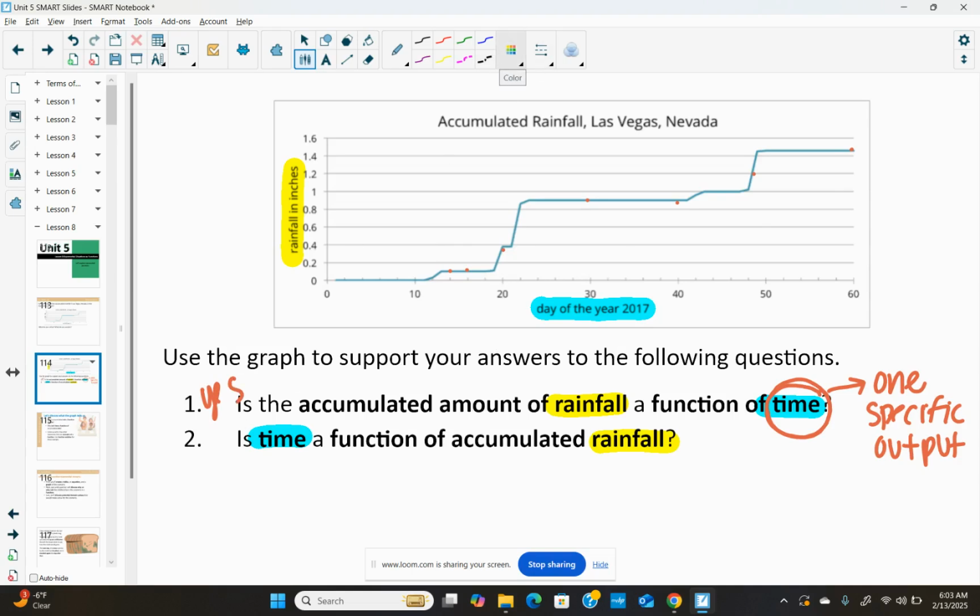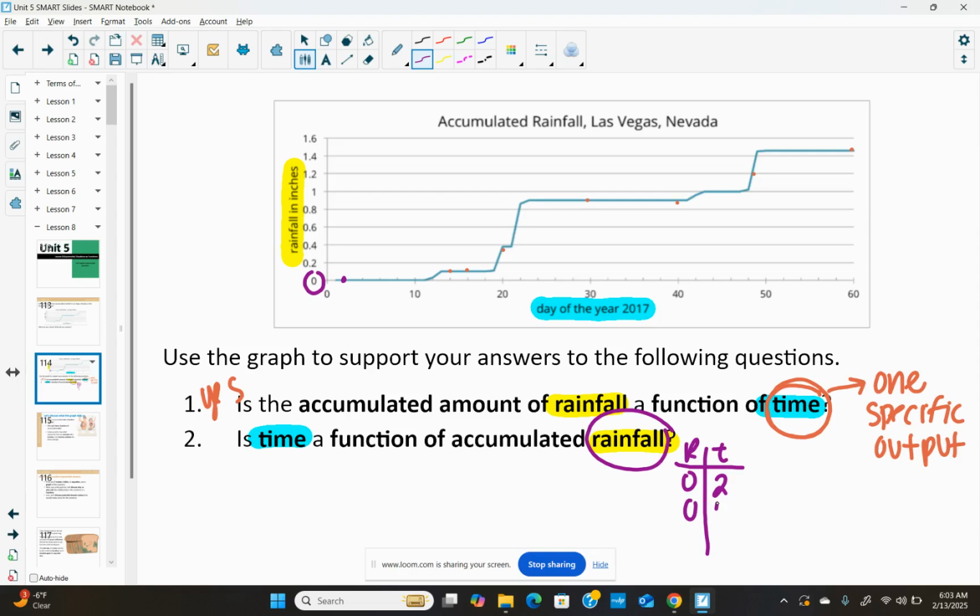So for the rainfall, there's one specific rainfall amount at each day. Then when we switch this around, is time a function of accumulated rainfall? Now rainfall is our input. Does each rainfall amount happen at only one time value? We can see that that's not true, because if we do this as the rainfall and this as the time, we can see 0 rainfall happening at a time of 2 days.